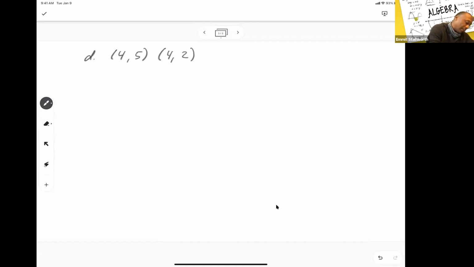All right, so we're going to do the same thing. x sub 1, y sub 1, x sub 2, y sub 2. And then my slope formula, M is equal to y sub 2 minus y sub 1 over x sub 2 minus x sub 1. Okay.